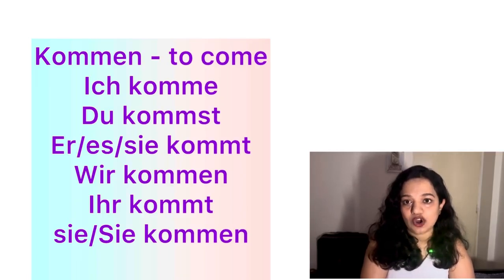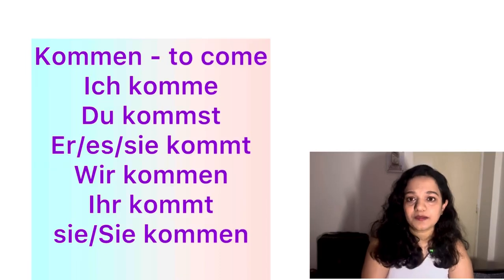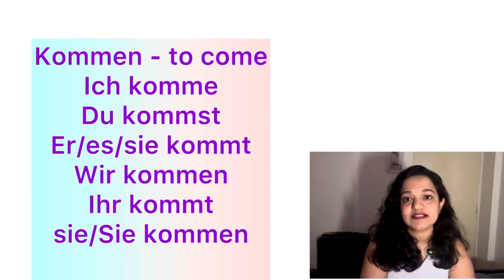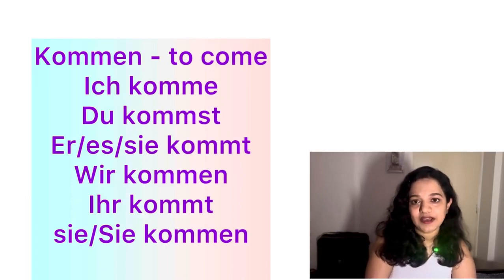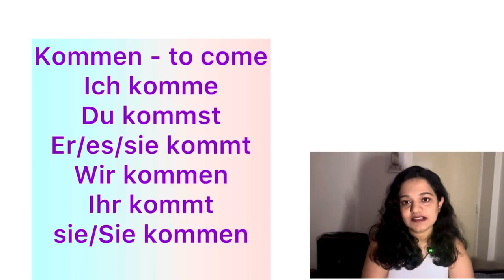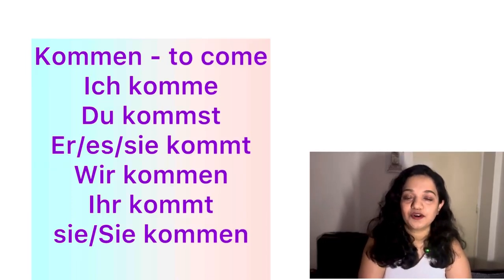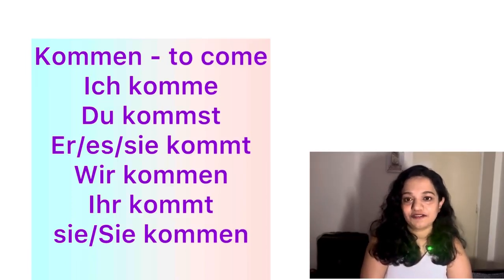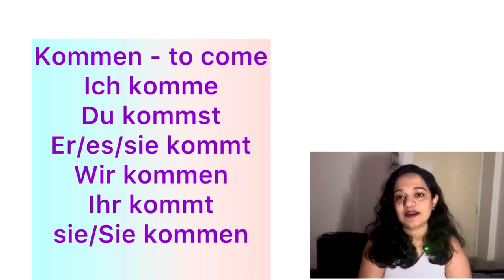K-O-M-M, kom, it's constant, and according to the person we are adding endings. Ich komme, du kommst, sie kommt, wir kommen, ihr kommt, sie kommen. So for ich I am adding e, for du I am adding st, for sie I am adding t, for wir I am adding en, for ihr I am adding t, for sie I am adding en.